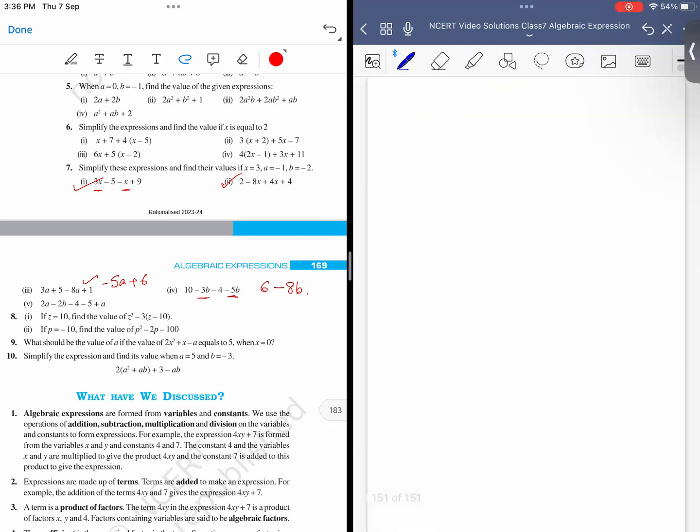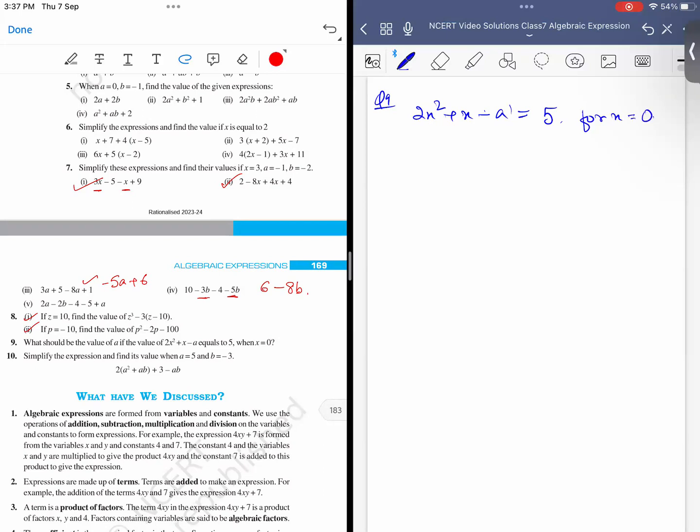The second part of 8 you can do in the same manner. Question 9. What should be the value of a if the value of the expression 2x square plus x minus a equals 5 when x is equal to 0?